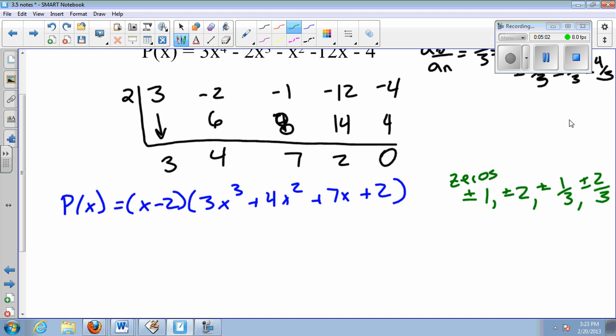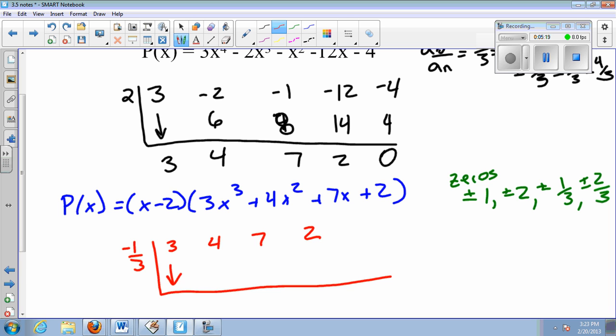Plug it in again, we're going to find that 1, positive negative, and 2, positive or negative, do not work, but negative 1/3 works. So set up synthetic division.